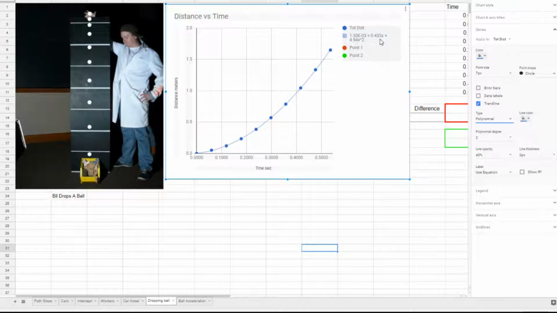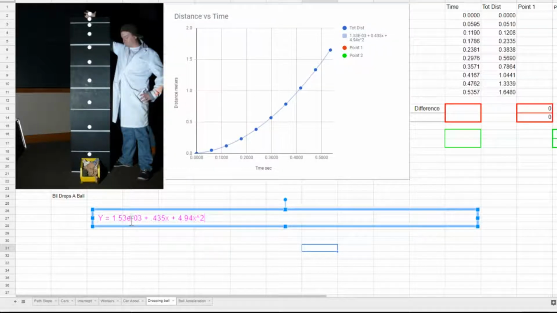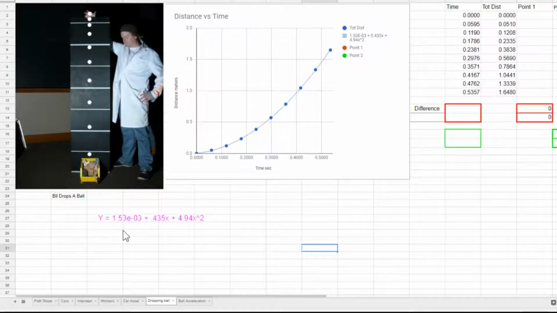All right, so let's see what that amounts to. Okay, here we have it. Y equals 1.53 e to the minus 03 plus 0.435x plus 4.94x squared.